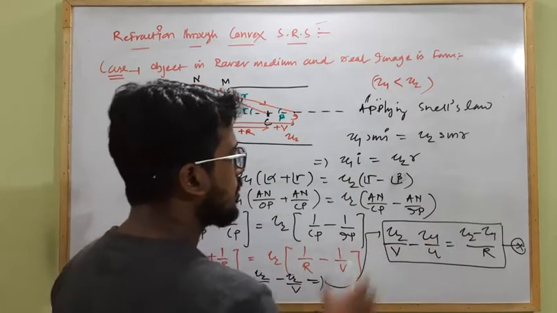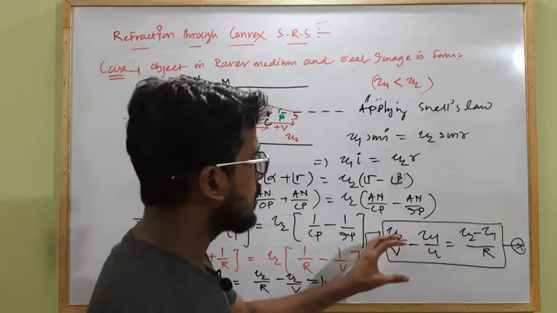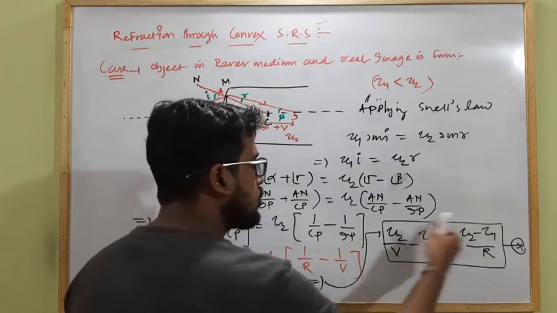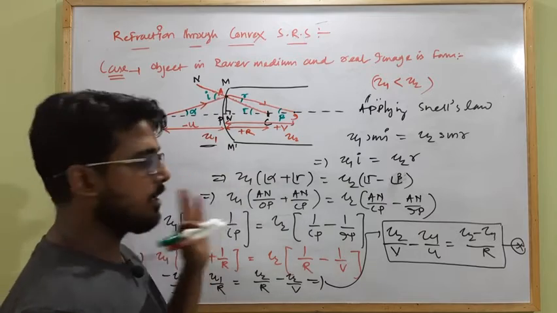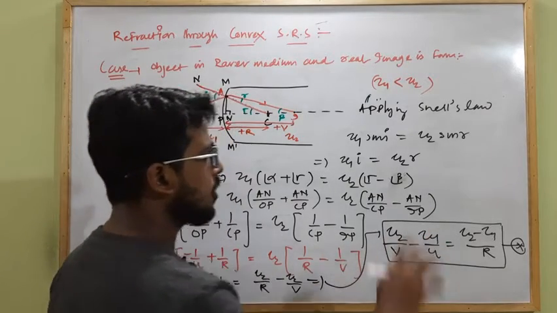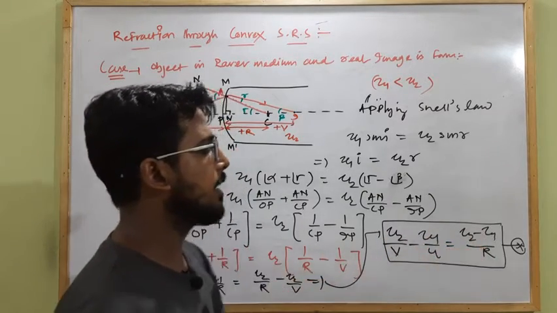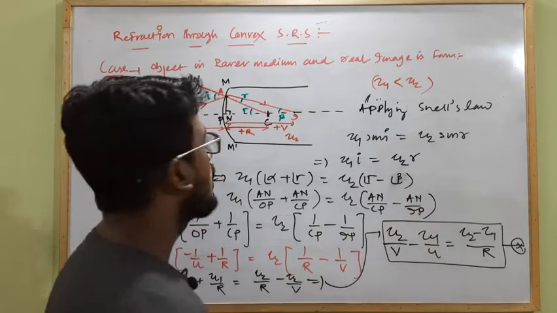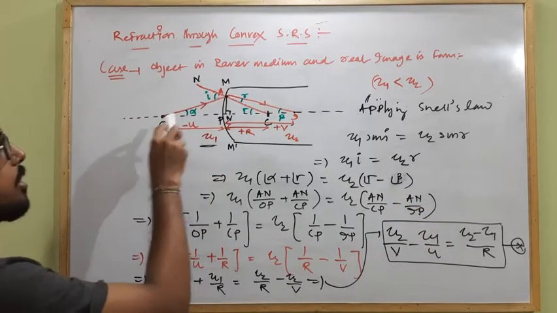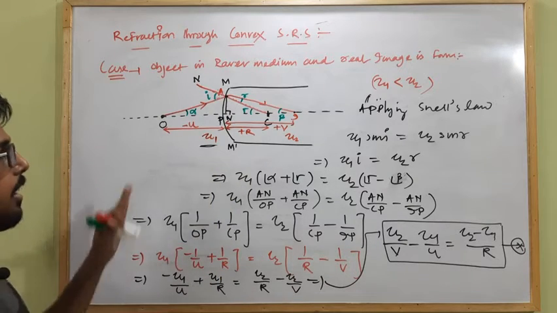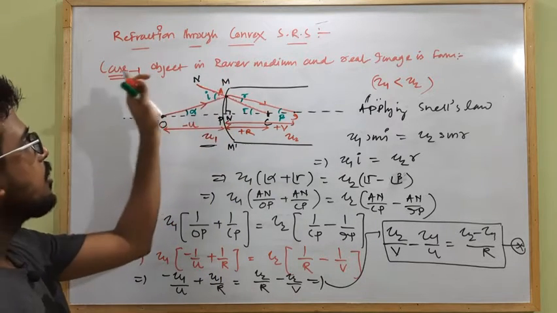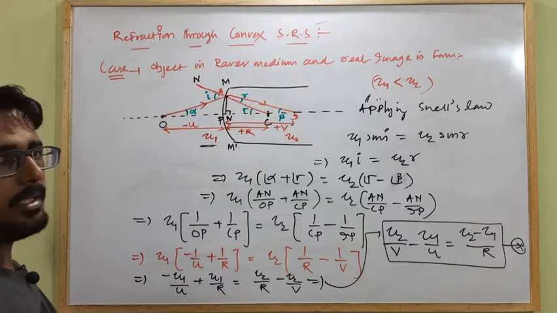For numerical solutions you have to use all these with their sign convention. So mu2 by v minus mu1 by u equal to (mu2 minus mu1) by r. This is the condition we get when the object is in rarer medium, image is in denser medium, and image is real, and refraction takes place at a convex spherical refracting surface.